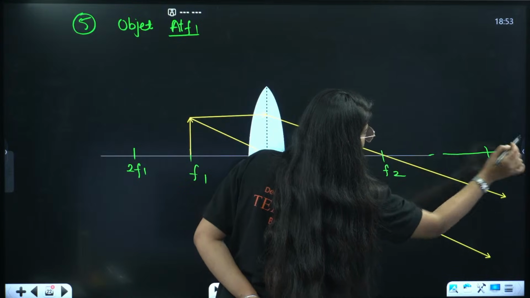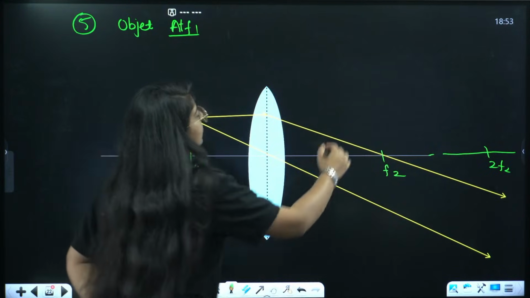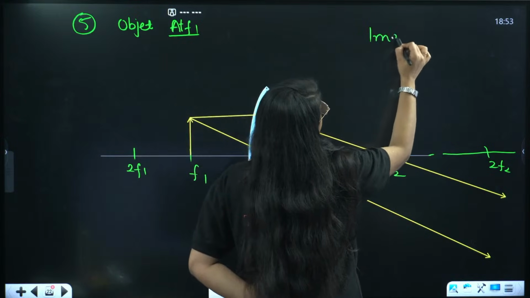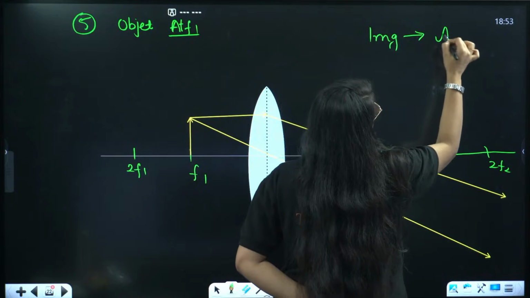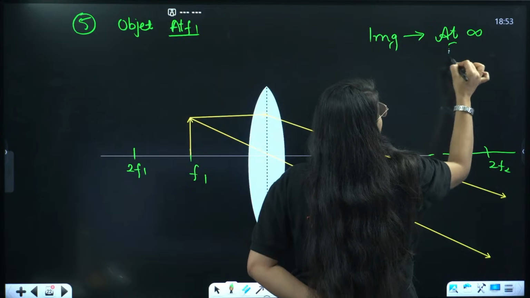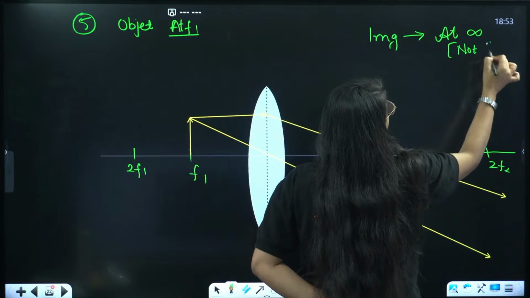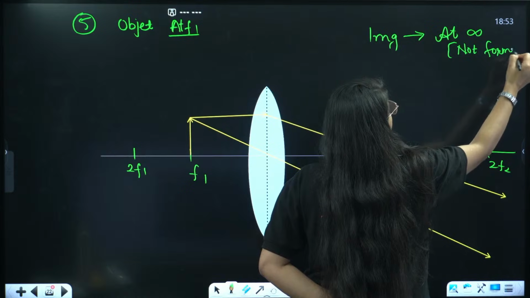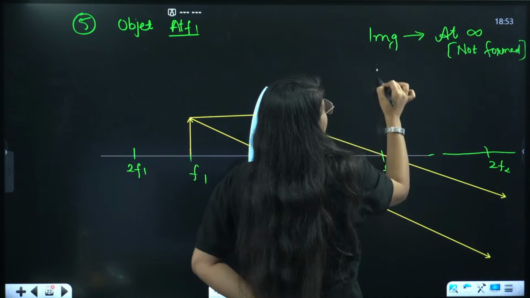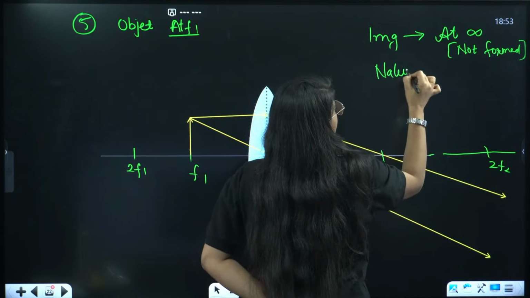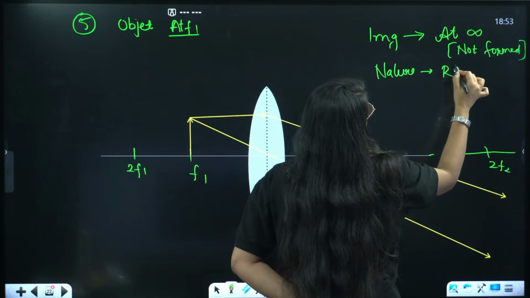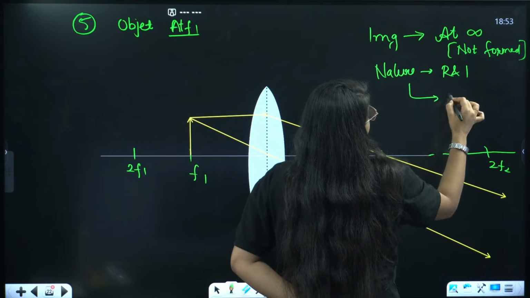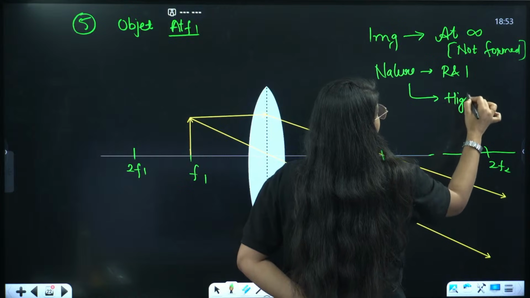That is not really necessary in this case. And the image will now be at infinity, or you can say not formed. And if you are writing at infinity, the nature will be real and inverted, and the size will be highly enlarged.